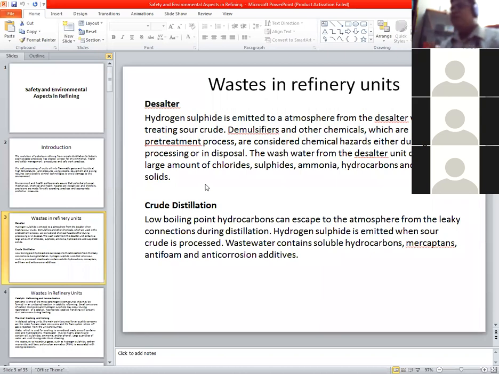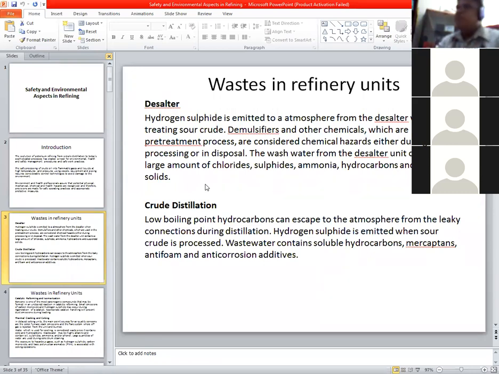From the desalter unit, there is a device called the desalter device. From that, hydrogen sulfide can be expelled because it is still crude, so the sulfur percentage is higher. Mercaptans are there also. So hydrogen sulfide escapes from that desalter unit.